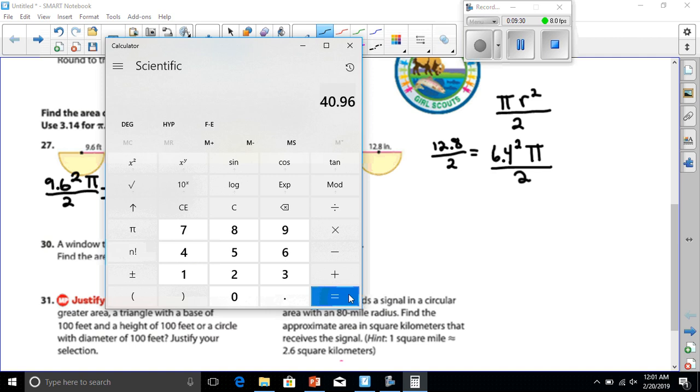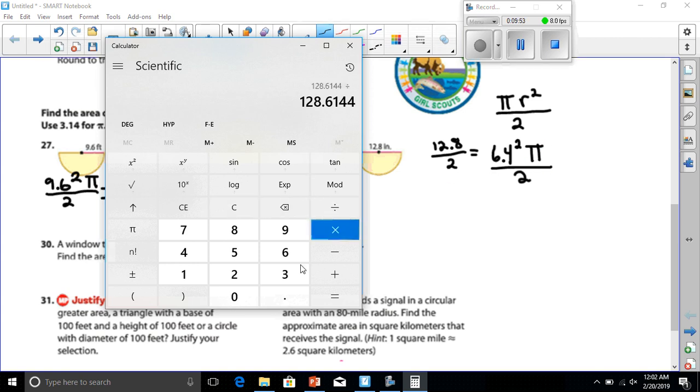And that equals 40.96. Now we're going to multiply that by 3.14. And that's 128.61. But lastly, now that we've done all that, we've got to divide by 2.